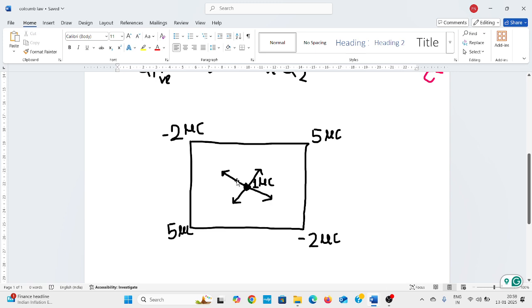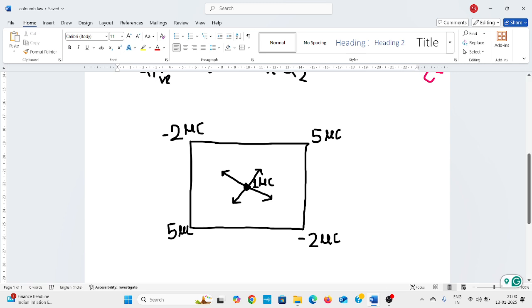That's why this will be in equilibrium, and also the same for the 5 microcoulomb and the other corner with the same charge. That's why the net force at the center will be in equilibrium and the net force will be zero.